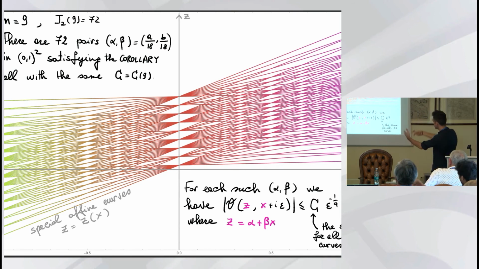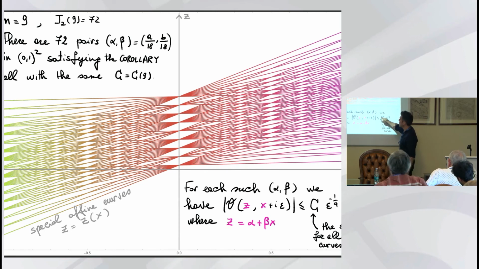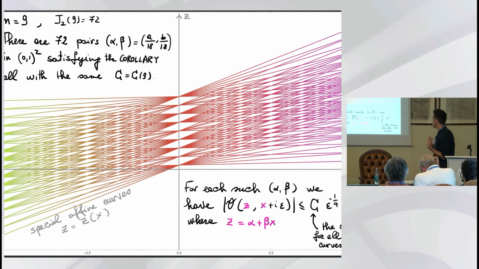So there are 72 affine curves along which, when I plug them in here, I get the same bound for all of them. This constant depends only on m, in this case 9, and it works for all of them. So you get simultaneously a lot of bounds of the same quality for a lot of choices of z as an affine function of x.